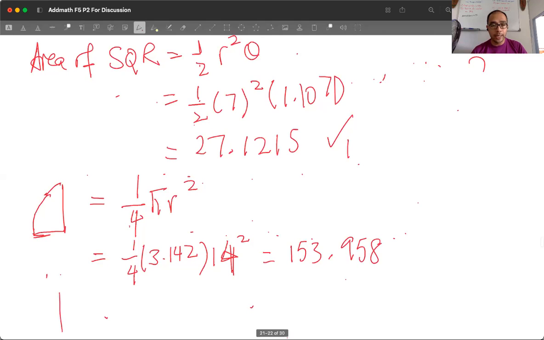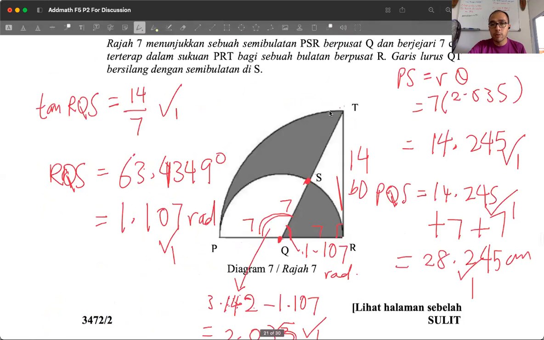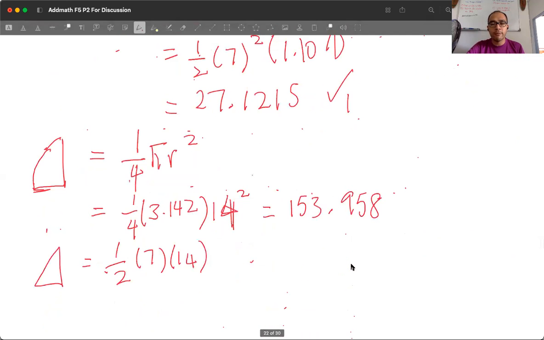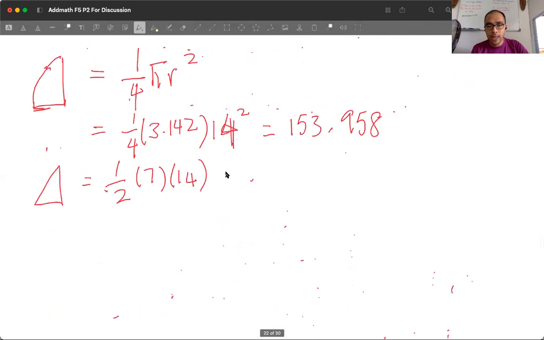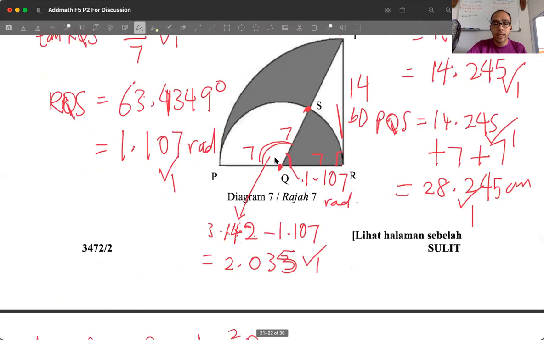Then the triangle is 1/2 times 7 times 14, which is this triangle. Dia punya tapak adalah 7, dia punya tinggi adalah 14. So interesting. Form 4 pun, Form 5 pun kita masih gunakan formula Form 1, kadang-kala. This is 49. Then this sector, we know that the angle is 2.035.